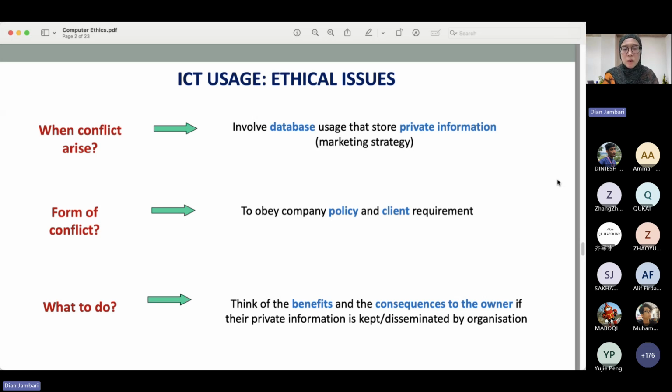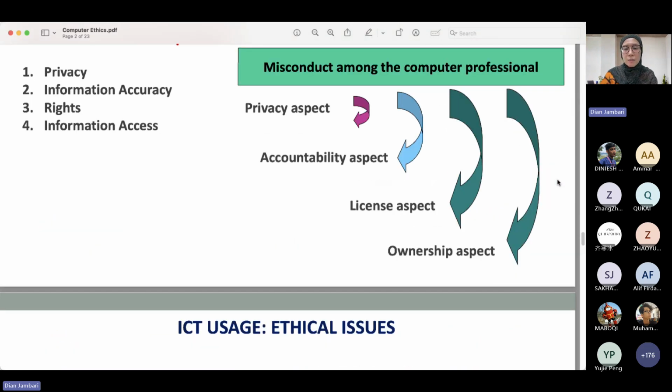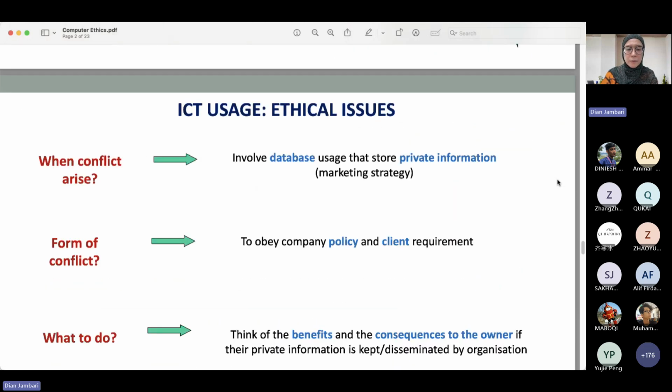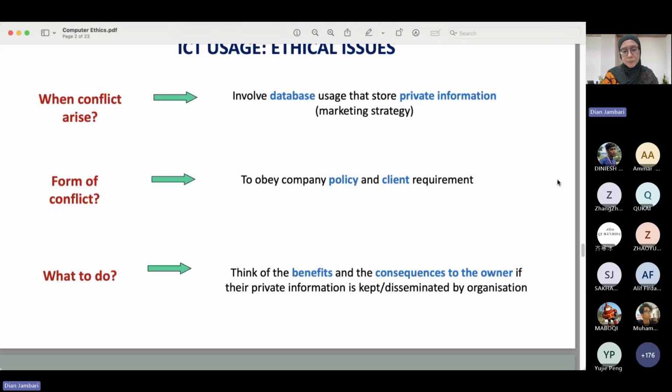So what needs to be done in this situation, in terms of the privacy, the issue with rights, the four issues we mentioned here: privacy, accuracy, rights, and information access? What can be done when we are involved in this ethical issue? Ethically, as a professional with the responsibility, we need to think of the benefits and consequences to the owner if their private information is kept or disseminated by organizations.